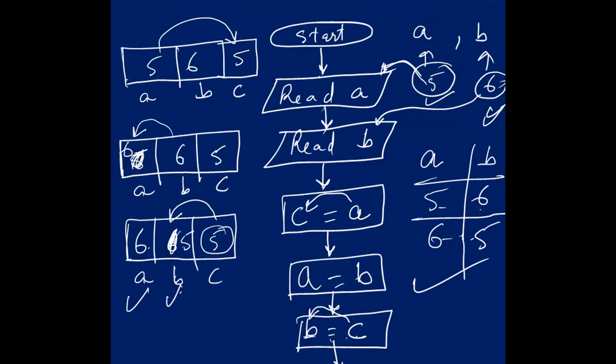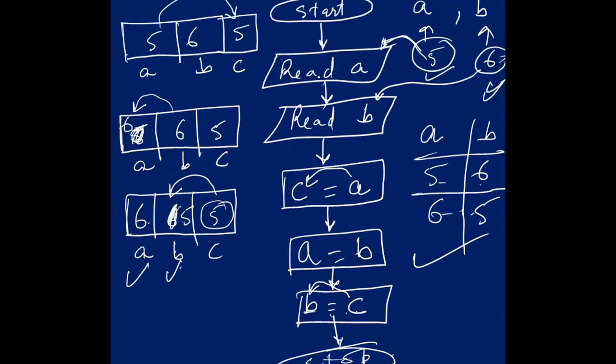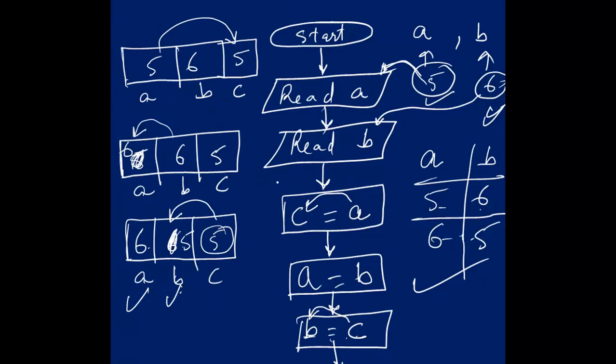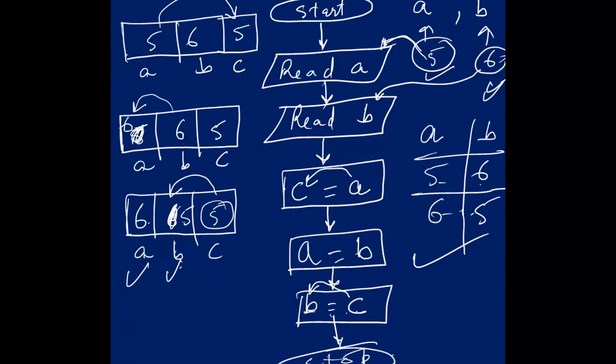This was one way to swap two numbers, but there is another way that is most probably asked in your interview or in your exams, and that is we should not use this third variable. Actually, the question can be swapping of two numbers without using this third variable.